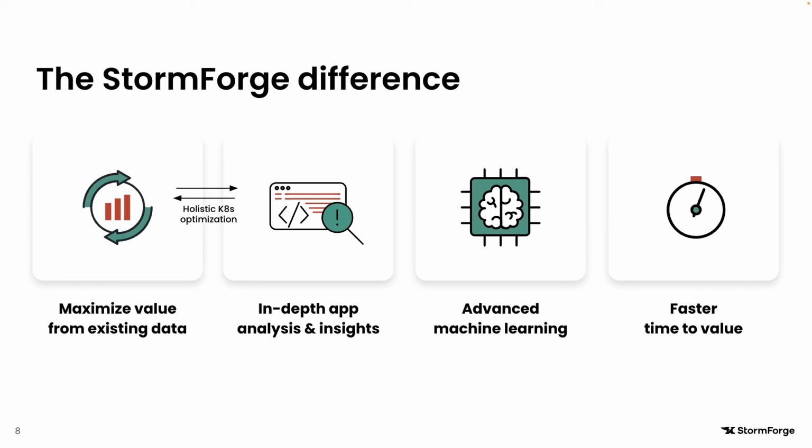When coupled with StormForge Optimize Pro, which provides deep application insights through experimentation, StormForge provides a holistic solution for Kubernetes resource management and optimization. Our advanced machine learning is able to understand the many parameters your applications have and make recommendations that ensure scale and performance while minimizing resource usage and cost.